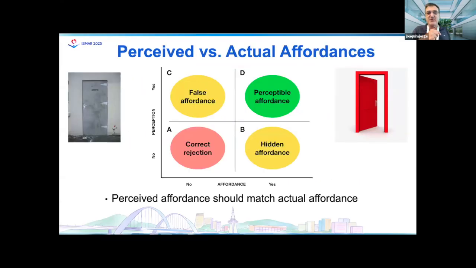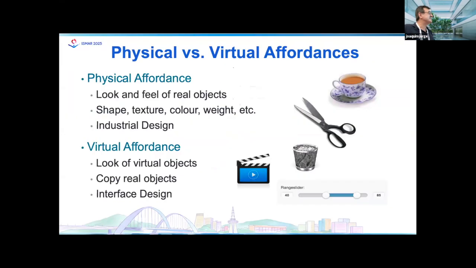So you can have false affordances, like how can you open a door? How can you pick up a cup of tea? The perceived affordance should match the actual affordance. That's the capital sin, to tell people different things than what you can do with virtual objects.